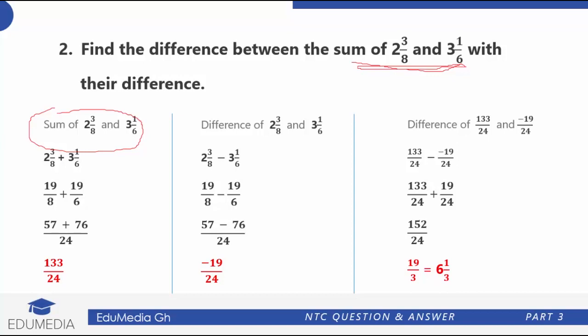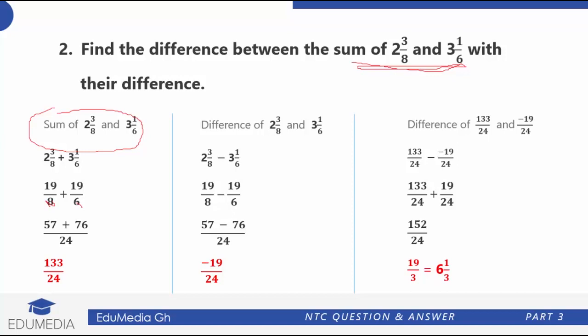Let me just do this here. When we got here, I said 8 will go into 24. 8 goes into 24 three times. So 3 times this 19 is what gives us the 57. Also, 6 goes into the 24 four times, and then 4 times 19.